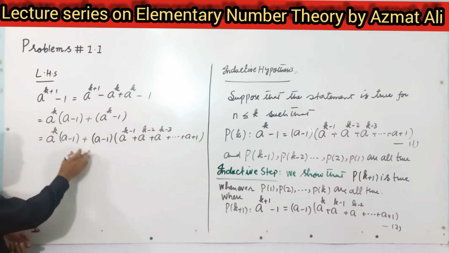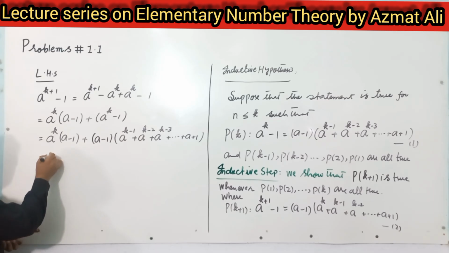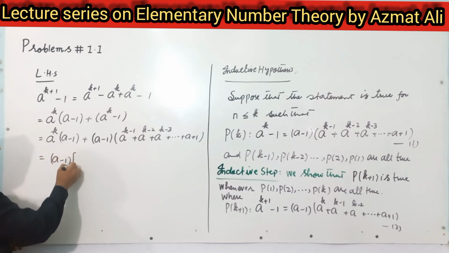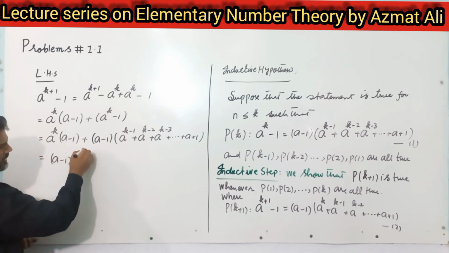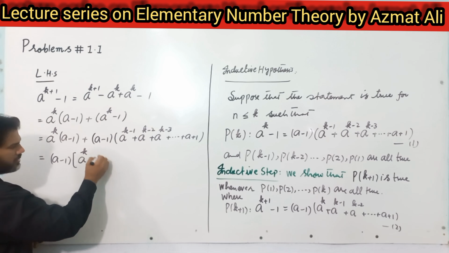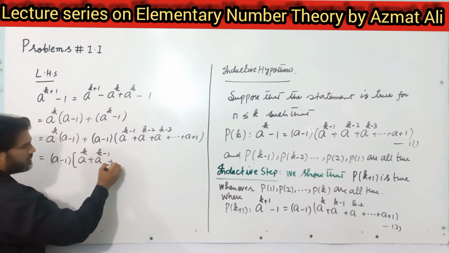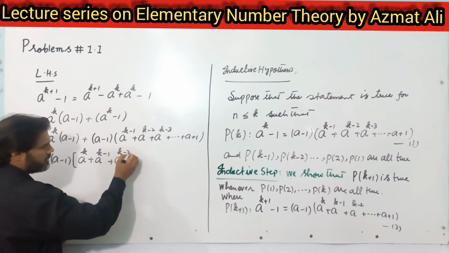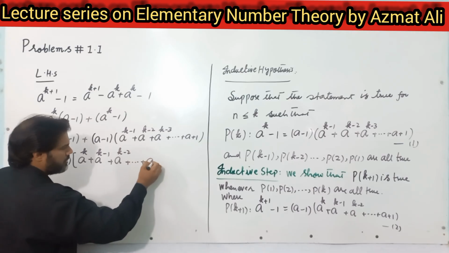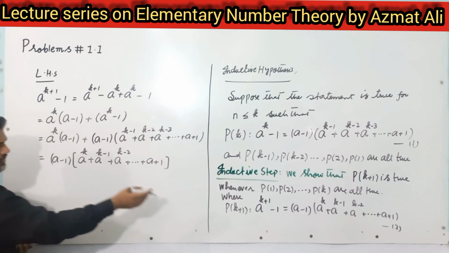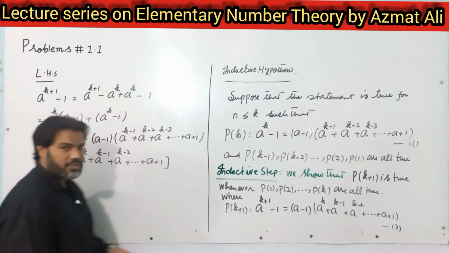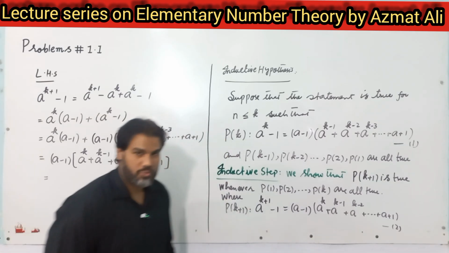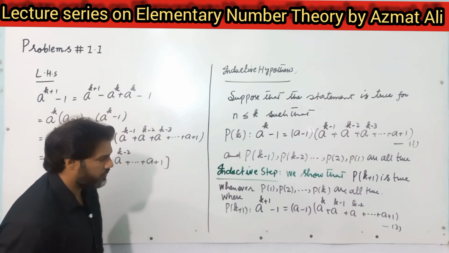From these two terms, we take a minus 1 common. The remaining expression is a raised to power k, a raised to power k minus 1, a raised to power k minus 2, up to a plus 1, which is equal to the right hand side of expression 2 that we have to prove.